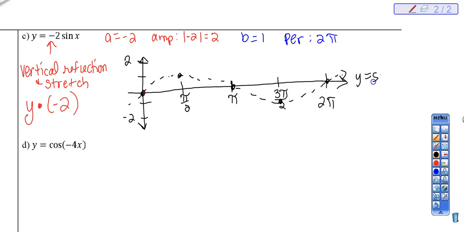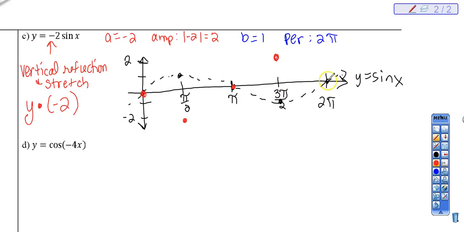So there's your y equals sine of x. I believe I forgot to do that on the last graph. And then we are going to affect this graph by changing its amplitude. But we're also flipping it over. So we're going to take 0 times negative 2 is 0. 1 times negative 2 is negative 2. So that maximum became a minimum, and it also doubled. 0 times negative 2, negative 1 times negative 2 is 2.